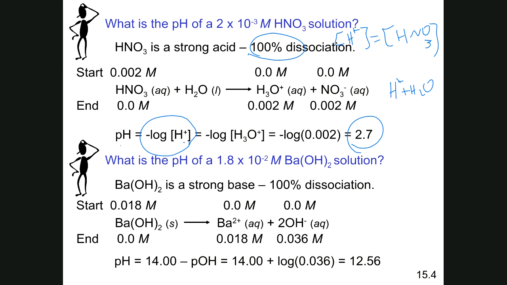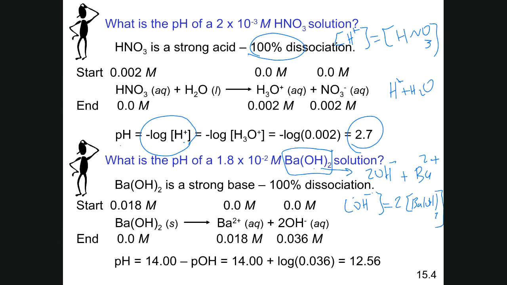Barium hydroxide. What do we know about barium hydroxide? It's a strong base. And when it does dissociate, it's going to give you 2 hydroxide ions and 1 Ba2 plus. So concentration of hydroxide ion equals 2 times concentration of barium hydroxide.